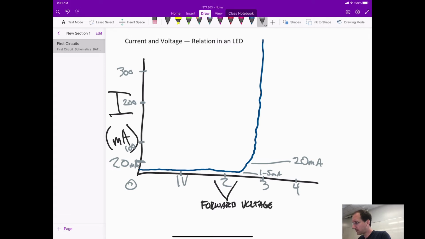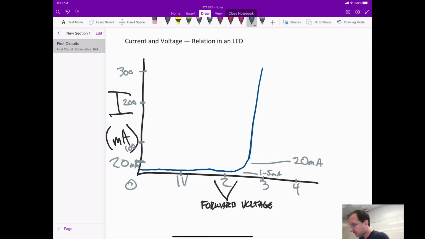And then what happens here? Well, we could really think about this drawn maybe a little bit more specific here with a little bit more resolution. So the current kind of goes up a little bit nicely here, and then the current zooms up.